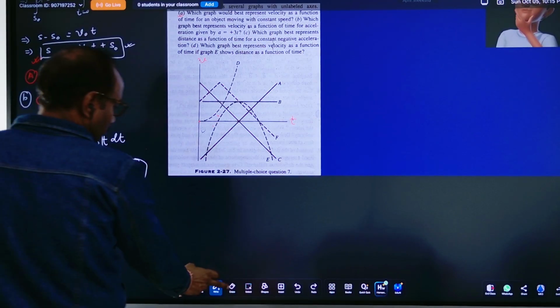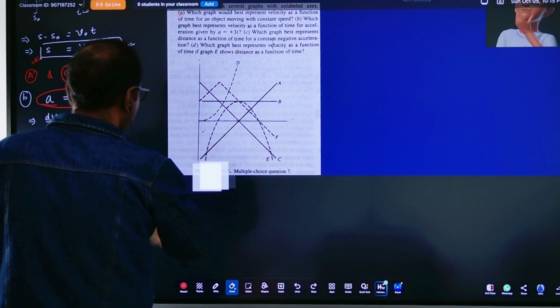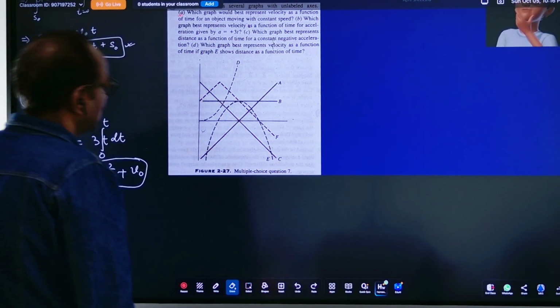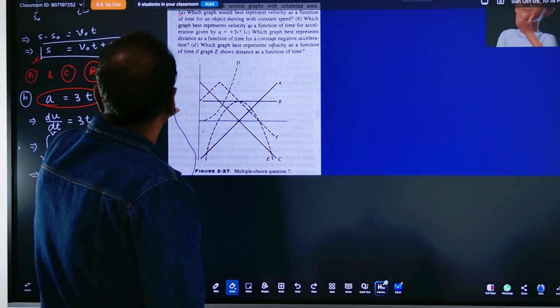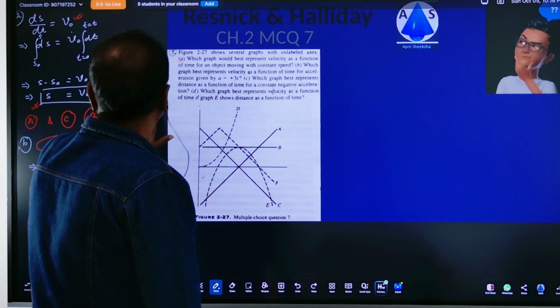Now the question comes for part C. What is part C?